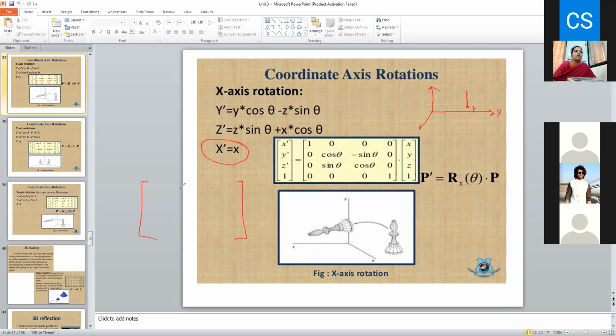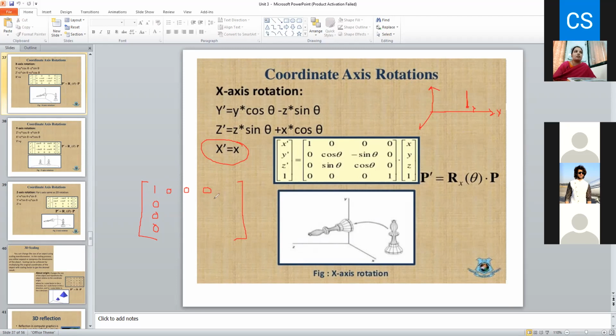X-axis means first column and first row. So if I want to make x dash equal to x, I will have one multiplying factor, and remaining all things will be 0 because I don't want to add anything into x. Simply the multiplication factor is equal to 1.